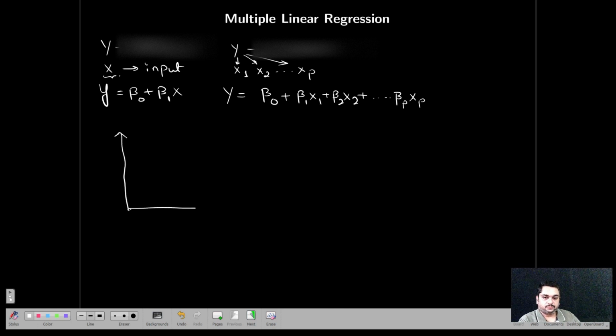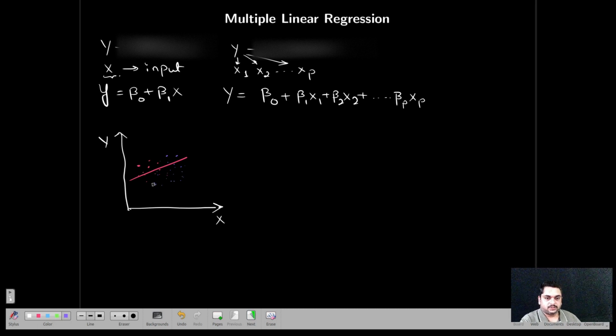If I take the linear regression line, let us say this is my y, this is my x. There are different points, different data, x1, x2, up to xp, like that. So say these are the data points. So this will create one regression line. Suppose there is another feature, x2.